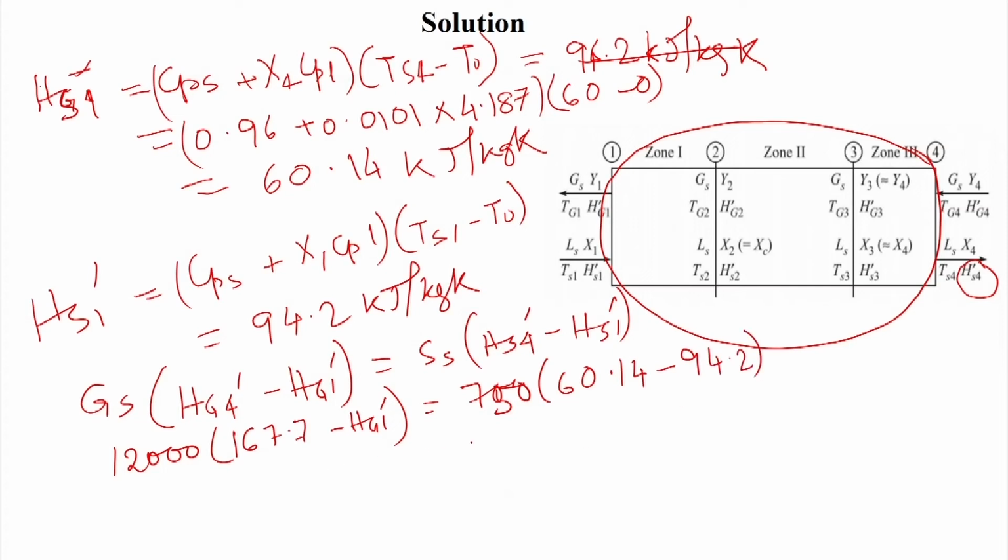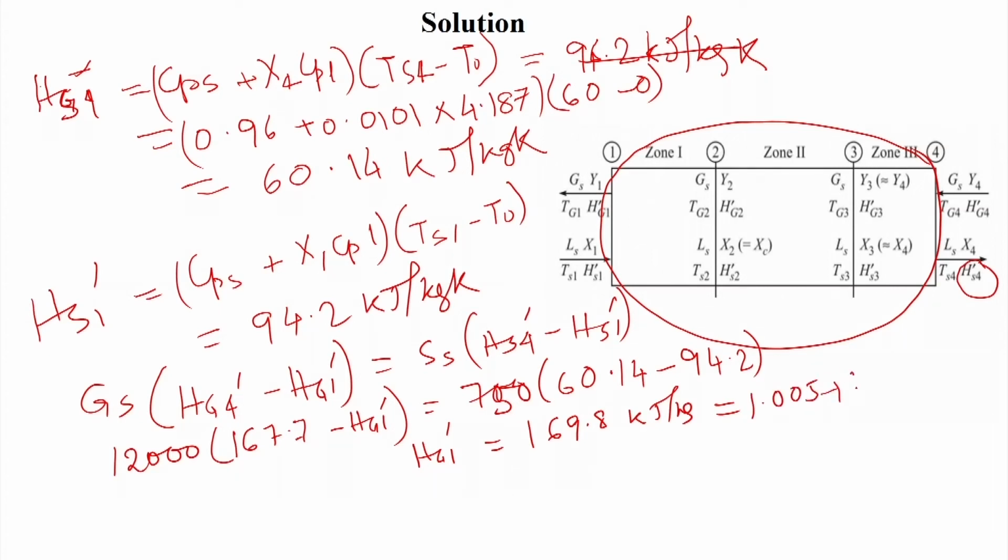From here we get Hg1 prime as 169.8 kilojoule per kg.